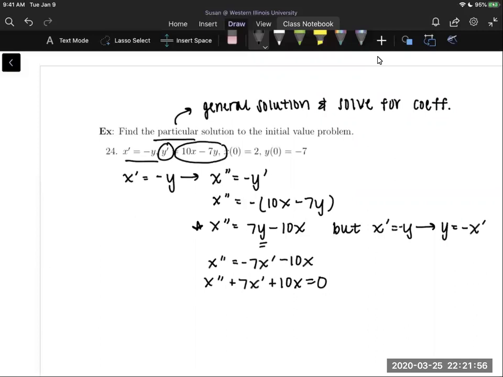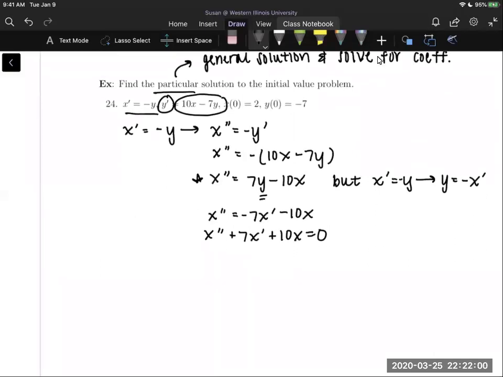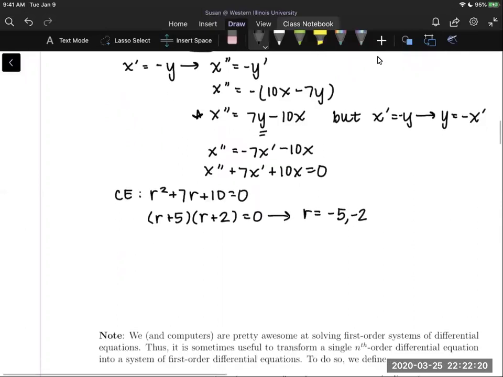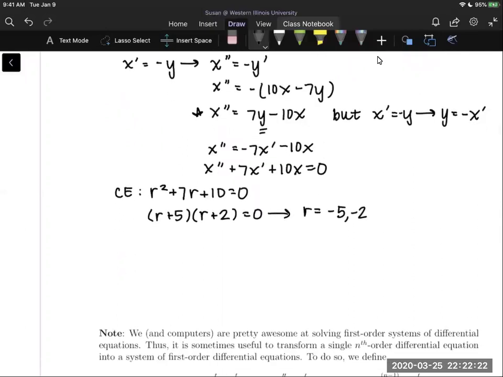Now I have a second order DE with constant coefficients. I can set up my characteristic equation: r squared plus 7r plus 10 equals 0. And that factors to r plus 5, r plus 2 equals 0. So r equals negative 5 and negative 2. All right, so from here, I can set up my x of t function.